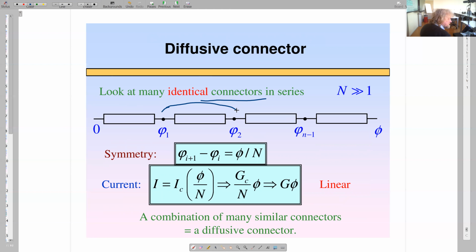This drop is the full phase divided by the number of connectors. So what is the current? The current is common for all connectors. It just goes through. It is the same. And it can be written like this.